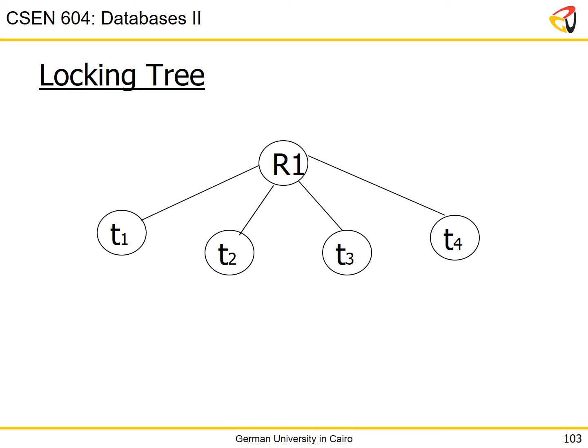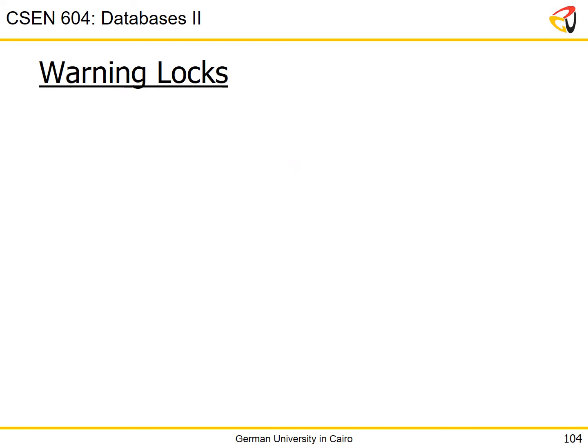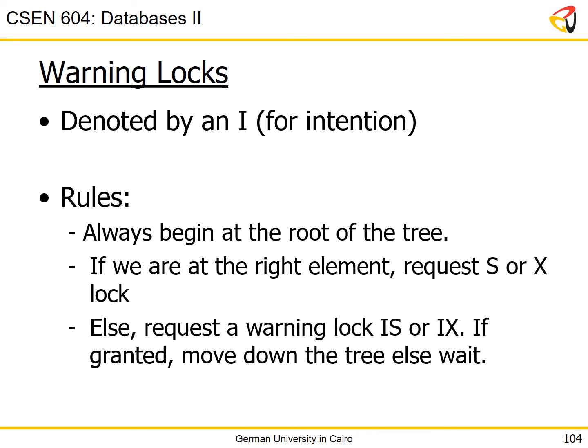Let's move on, and this will become clearer later on. What you're looking at here is a tree that represents the relation, which I'm calling R1, and below it there are 4 children, 1 for each one of the tuples. So this relation has only 4 rows. It becomes clearer soon. The way this works is as follows.